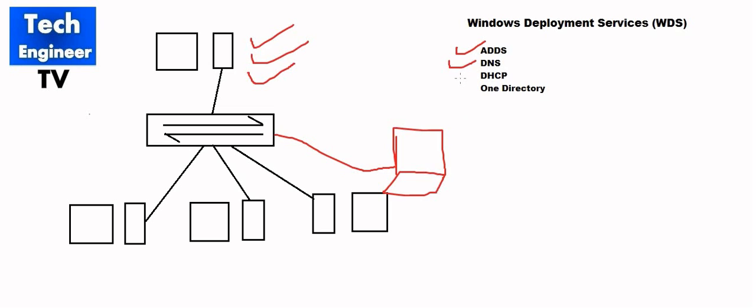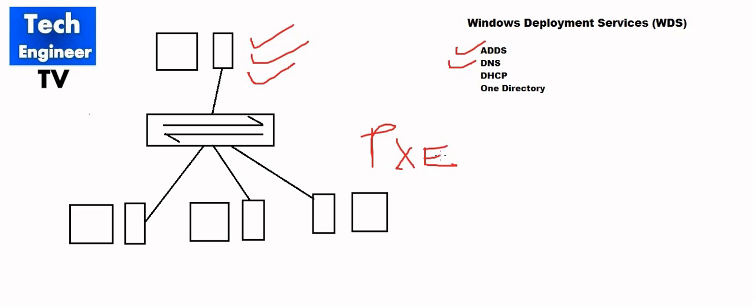PXE is actually supported by the newer NICs of computers. Nowadays, all NICs are compatible with PXE booting, which was not available in earlier versions of operating systems and NICs.